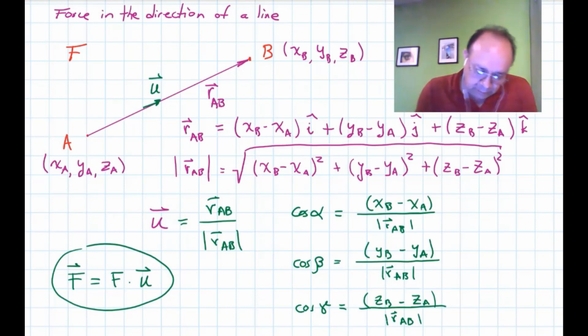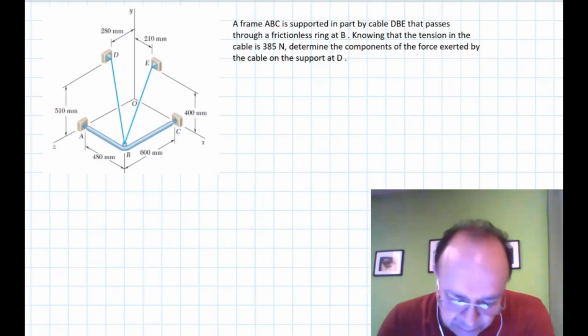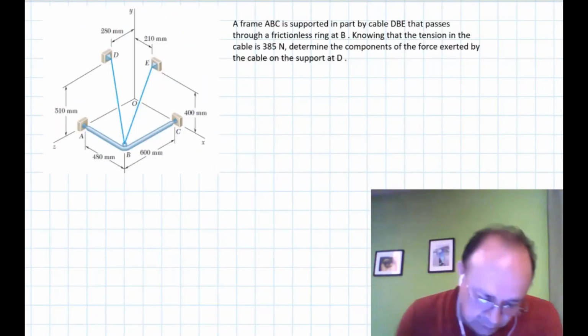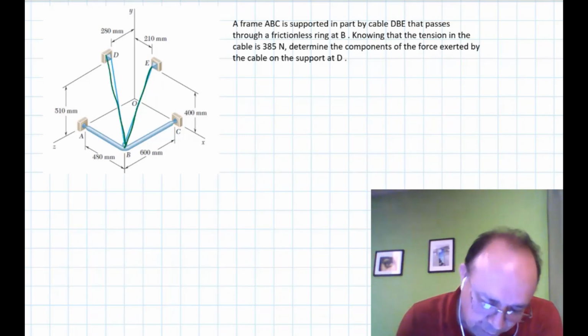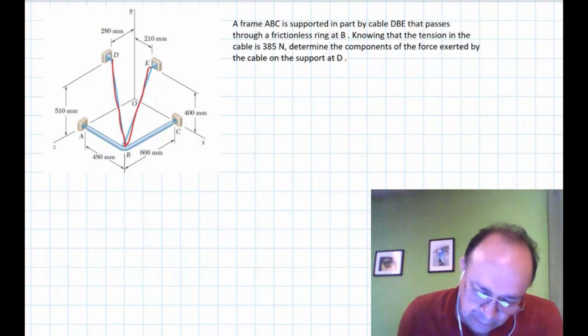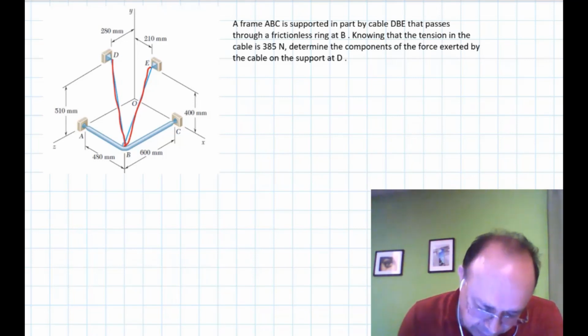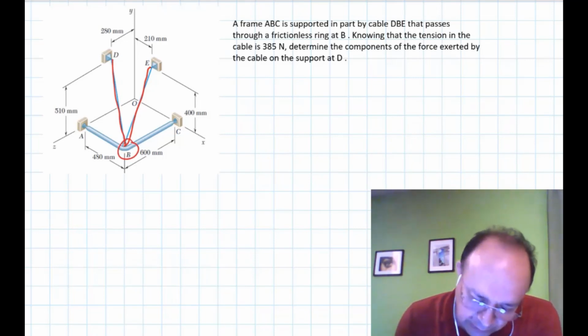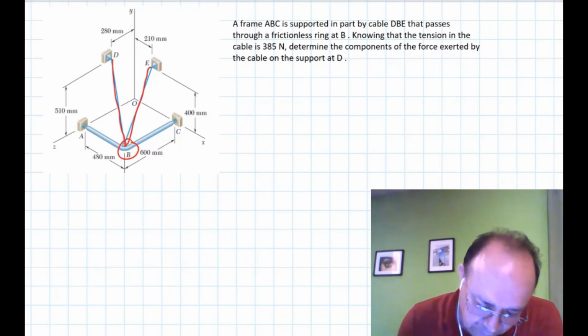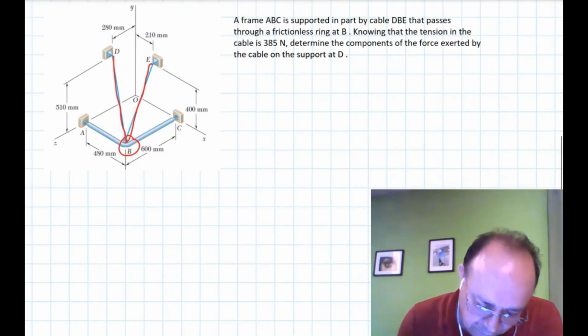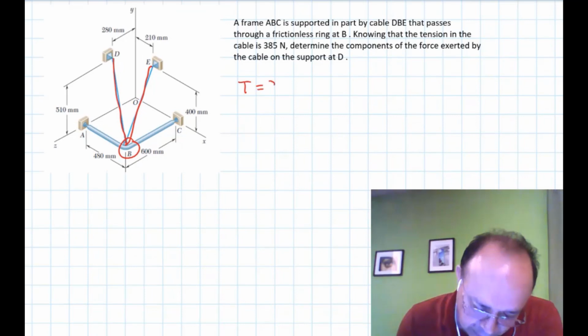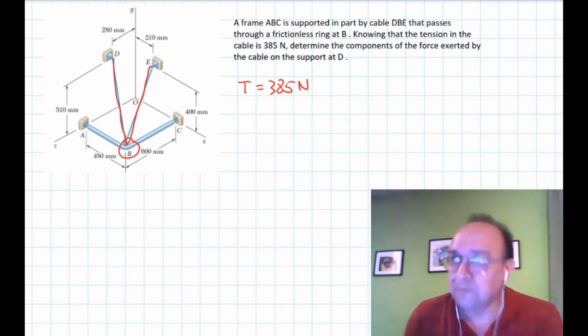So this is better seen with an example. So let's take a look at an example. We have this frame ABC supported in part by cable DBE, cable DBE that passes through a frictionless ring at B, knowing that the tension in the cable is 385 newtons.